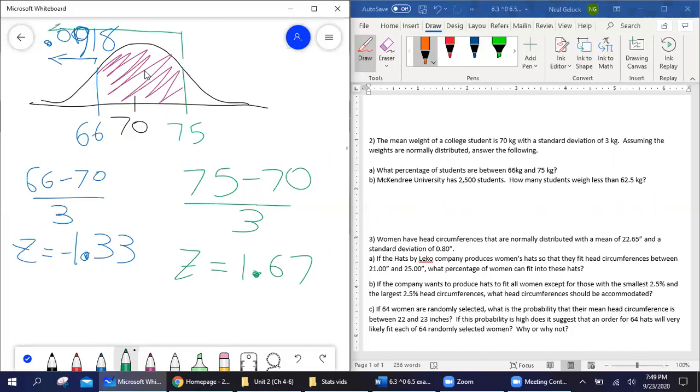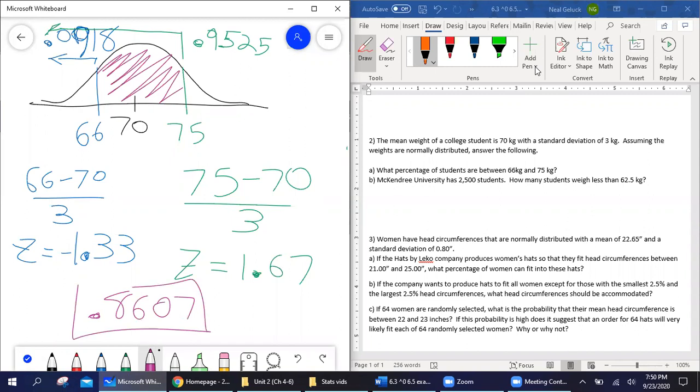The area left of that is going to be 0.9525. So again, we're wanting the in-between, so we would subtract 0.9525 minus 0.0918, and that will give me 0.8607. So about 86% of students are between 66 and 75 kilograms.